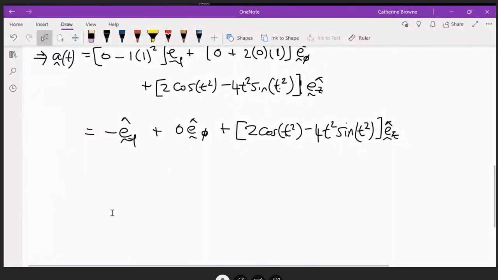So that's pointing into the cylinder. So we've got a component that's normal to the cylinder and pointing inwards because it's minus 1 in the direction of rho.